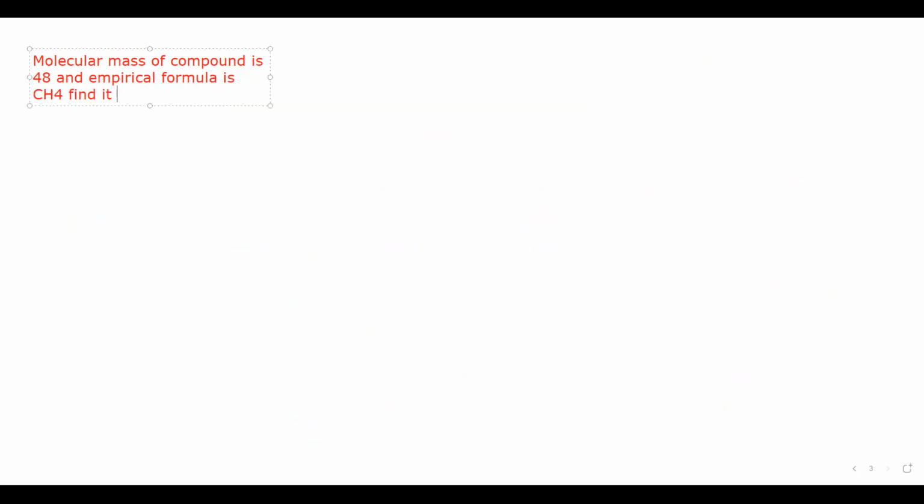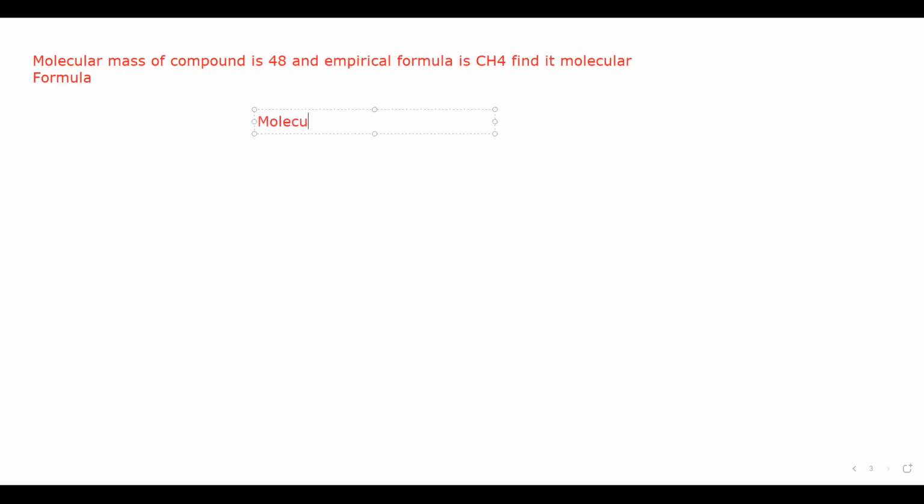Find its molecular formula. So to get the molecular formula, we should have the empirical formula and how they are related to each other. We have this formula that molecular formula is equal to empirical formula times n.